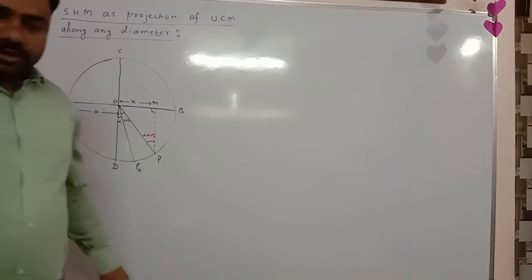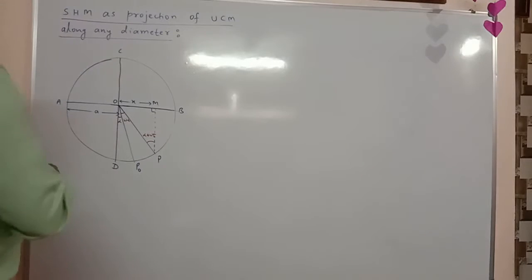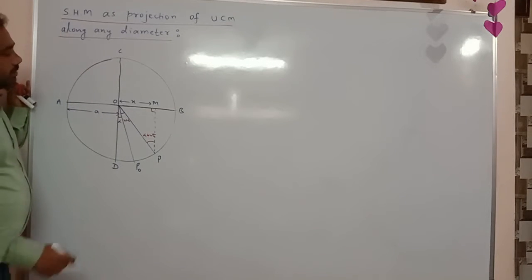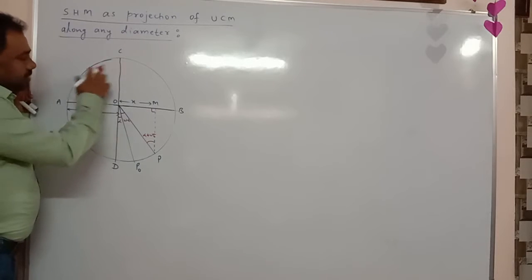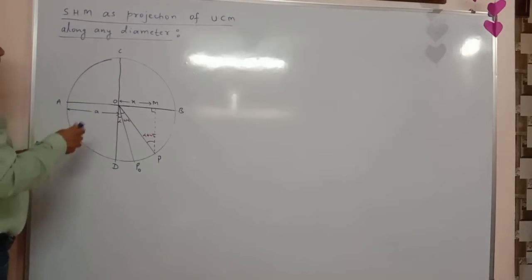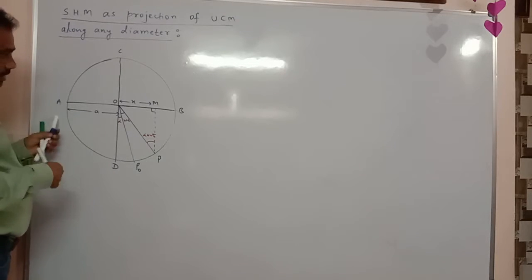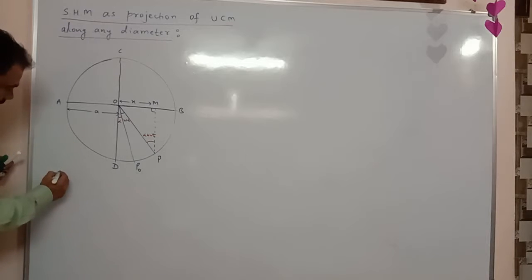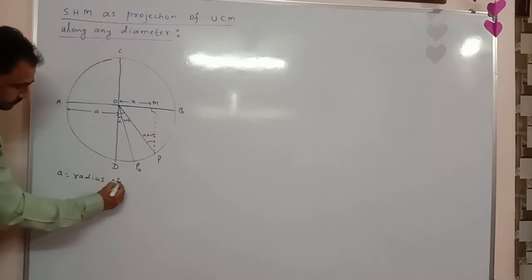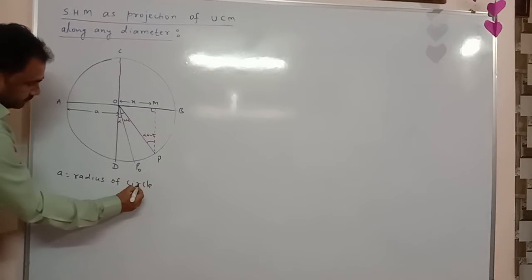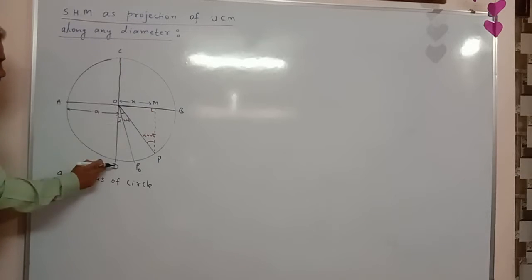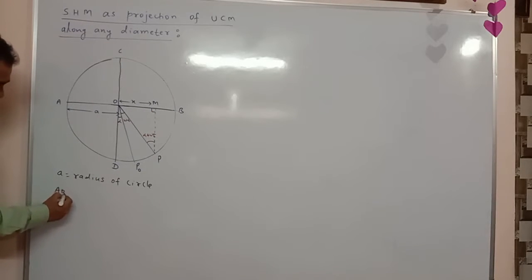So let us see in this diagram which things are given to us. In this diagram, small a stands for the radius of the circle.